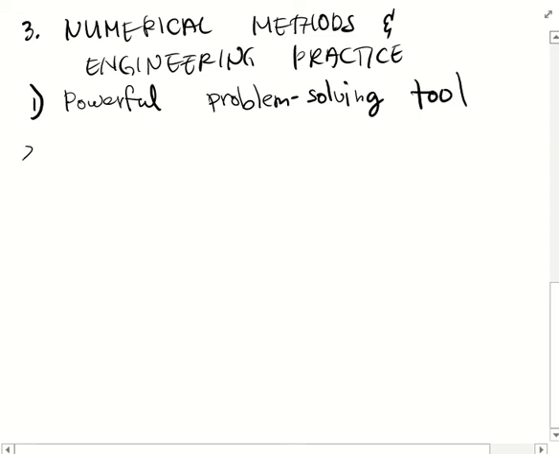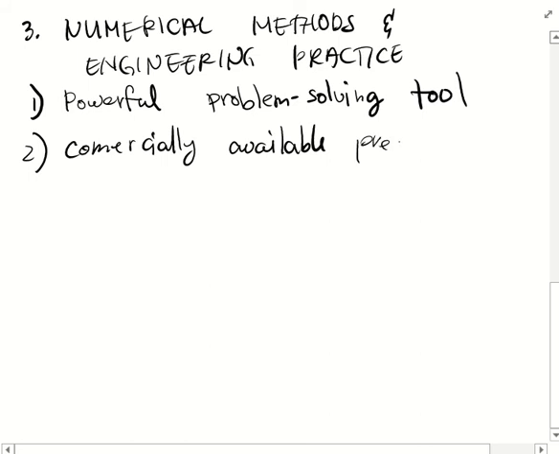The second one is some commercially available pre-packaged computer programs. So there are pre-packaged computer solving tools available now, open source.